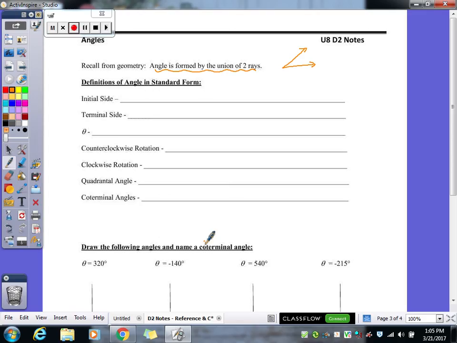So we're going to be talking about our initial side, which is always at 0. On your x-axis, it's your positive x. So if I have my little coordinate plane here, your initial side is always this part right here.